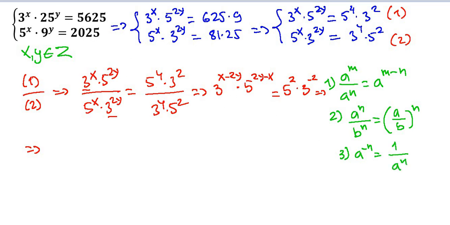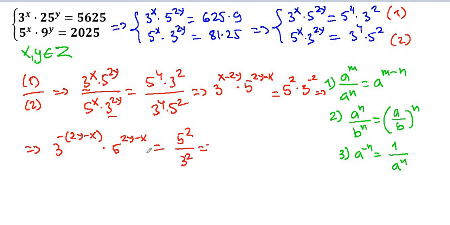Now the last equation is going to be equivalent to, I can express 3 to the power of x minus 2y as 3 to the power of minus (2y minus x), times 5 to the power of 2y minus x. This one is equal to, in the same manner, 5 squared. So here we see that 3 to the power of minus 2, to make this power positive I have to divide by 3 squared.